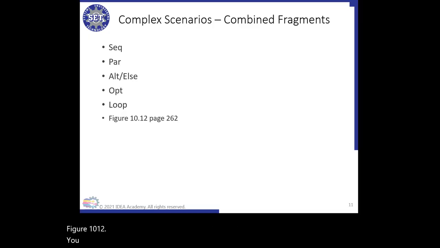You can see examples of how the opt and the loop, and even the loop par, were used in order to communicate handling the alert.